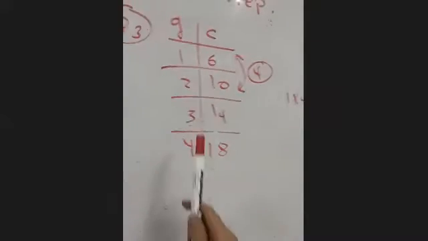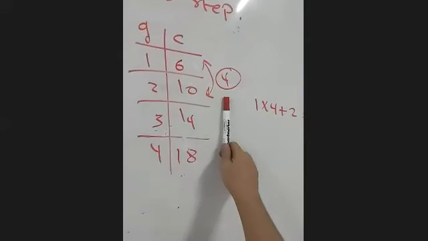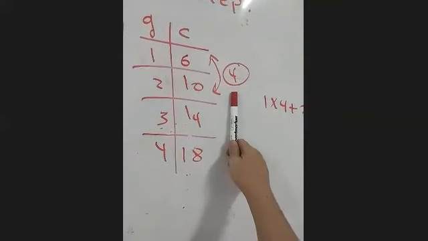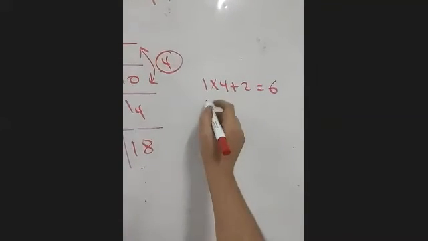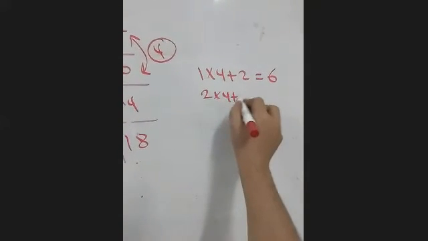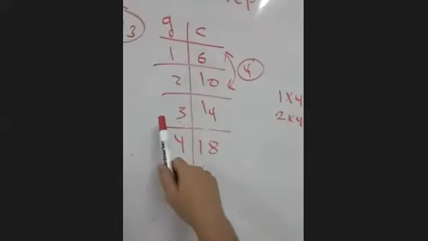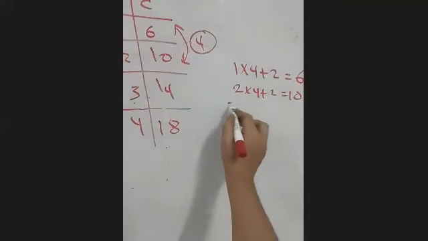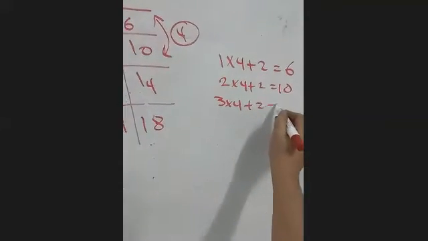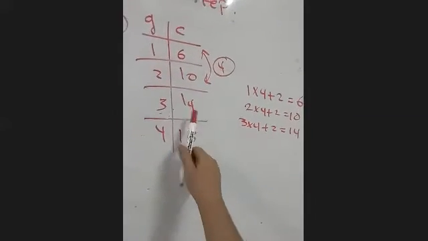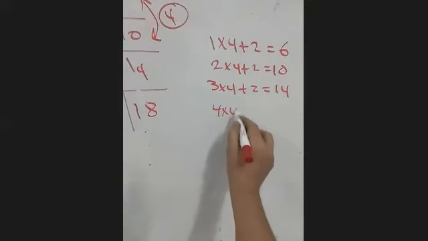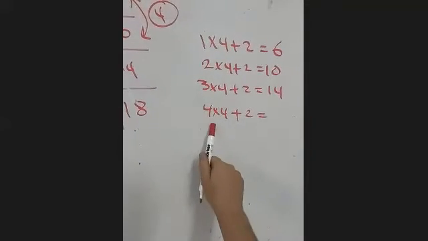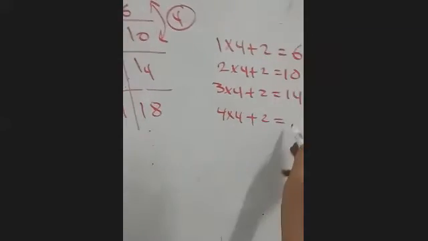2 multiply 4 equals 8, plus 2 equals 10. Apply the 3. 3 multiply 4 is 12, plus 2 equals 14. 4 multiply 4 is 16, plus 2 is 18.